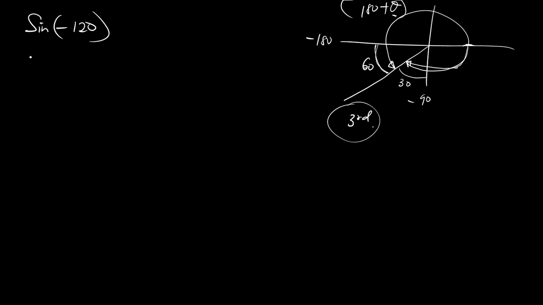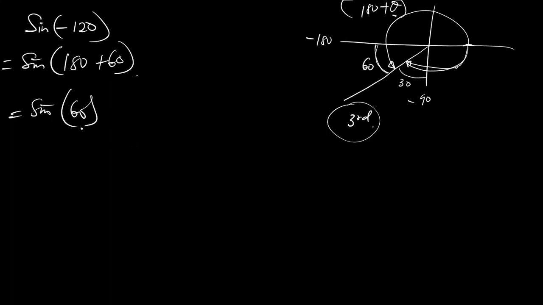So that means you have sine 180 plus 60. Now, that means sine 60. So it will be minus, because in the third quadrant sine is negative. So it will be minus sine 60.